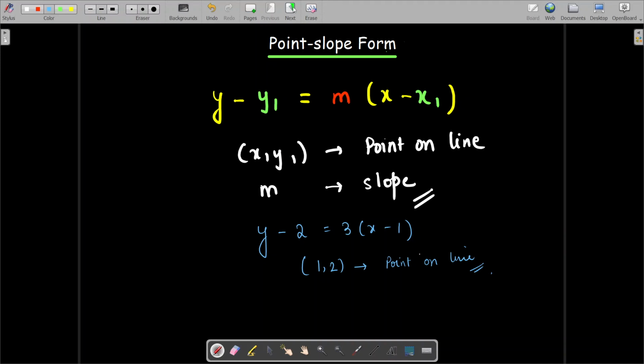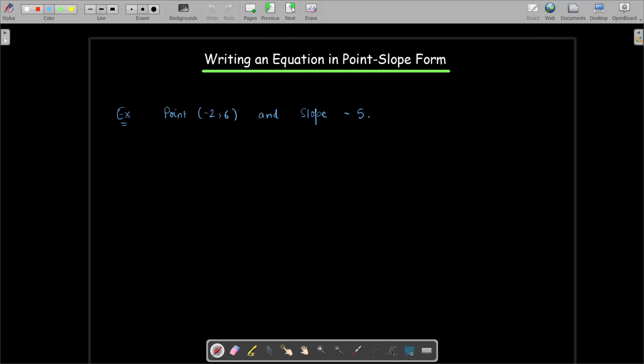Let's do an example. We have to write the equation for this problem. There is a line that includes the point negative 2, 6 and has a slope of negative 5. So first, we are going to write the general equation in point slope form.